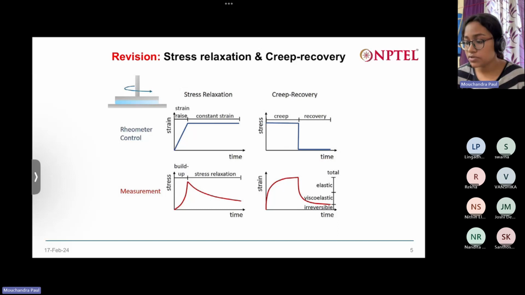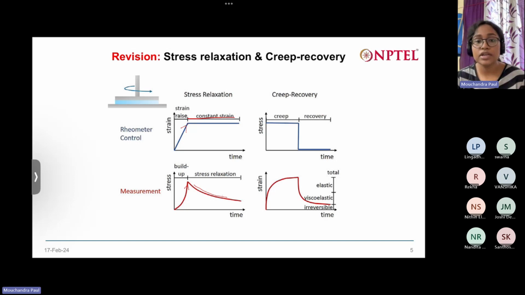Initially we raise the strain and then keep it constant in the machine. As a response, when the strain is increasing in the material, the stress also increases. But when the strain is kept constant, the material responds by decreasing its stress. That is the stress relaxation phenomenon, where the strain is constant and the stress is reducing in response.